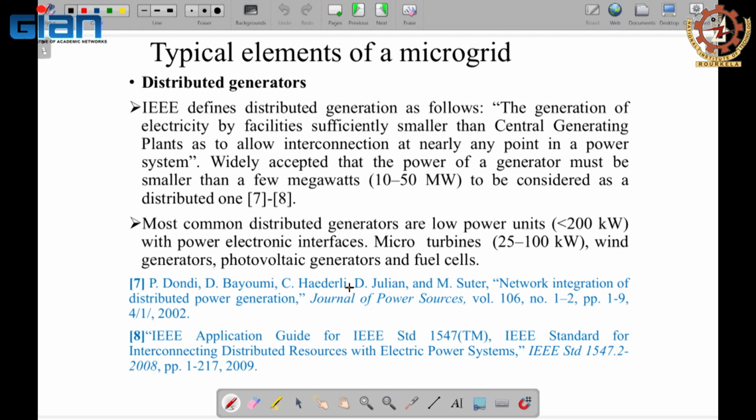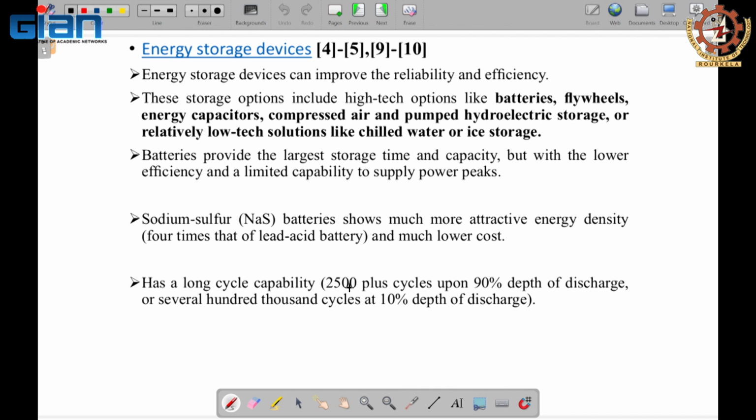When we talk about microgrid micro turbines, the size is generally a few hundred kilowatts. Your microgrid could be, depending upon the size, 1 megawatt or 500 kilowatt, around that. So as such, there are no well-defined definitions either.